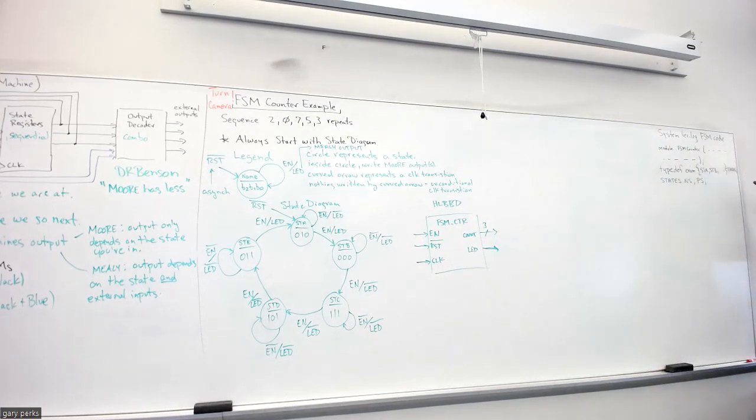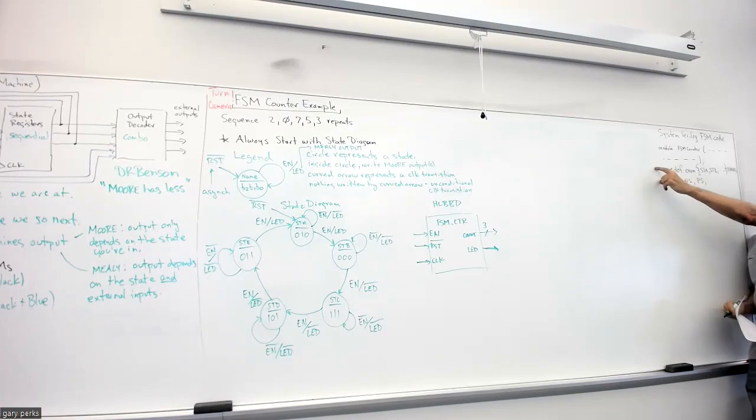Again, you declare your inputs and outputs, and after that, this is something you haven't seen before. You need these two lines for an FSM in Verilog or SystemVerilog. You type typedef, which is short for type definition, and then enum, E-N-U-M, short for enumeration.